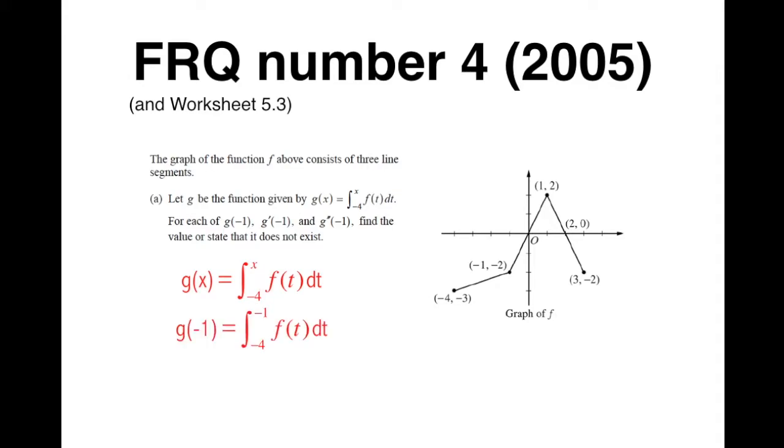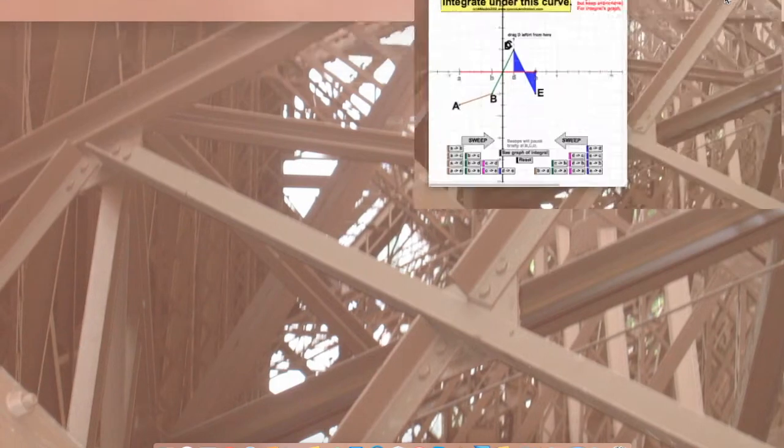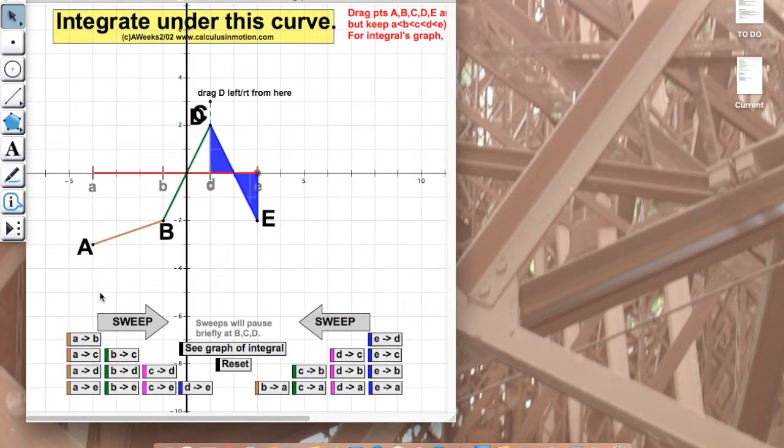Every time things are written in red, it means I'm actually solving the question. And now, what is that? It's the area between the graph of f and the x-axis from -4 to -1. Let's go out of this slideshow for a second and see on a graph.